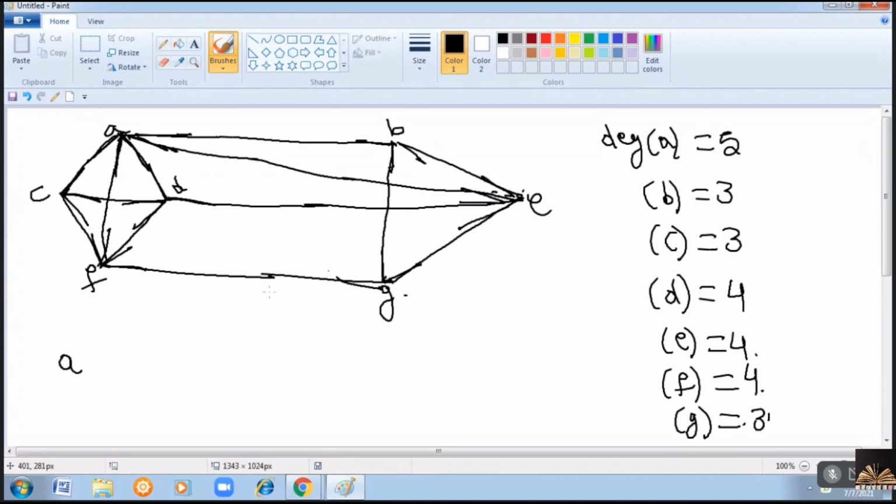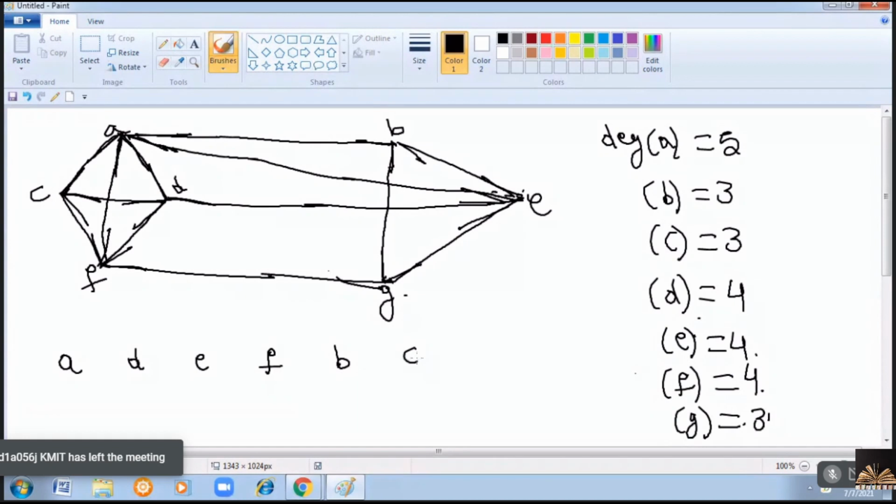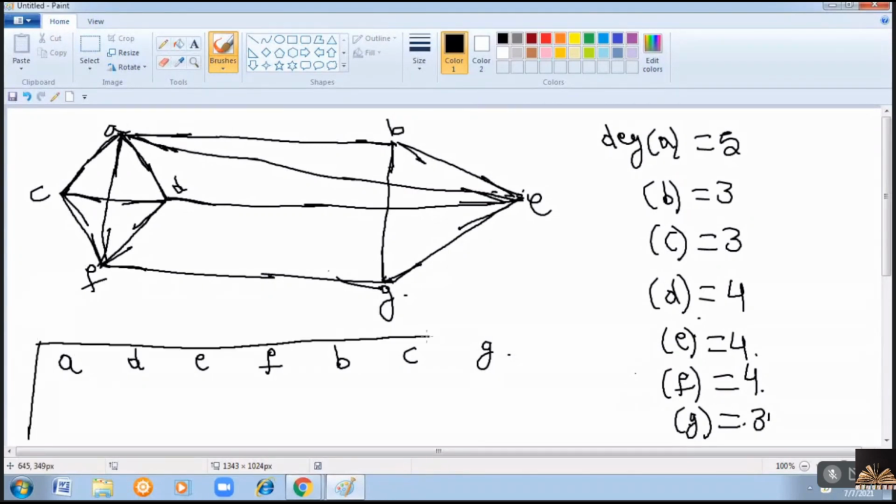Three vertices have degree 4: D, E, F. So after A comes D, E, F. Next value is 3. No sorry, three vertices B, C, G have degree 3. So now we have arranged all the vertices in the decreasing order of their degrees.